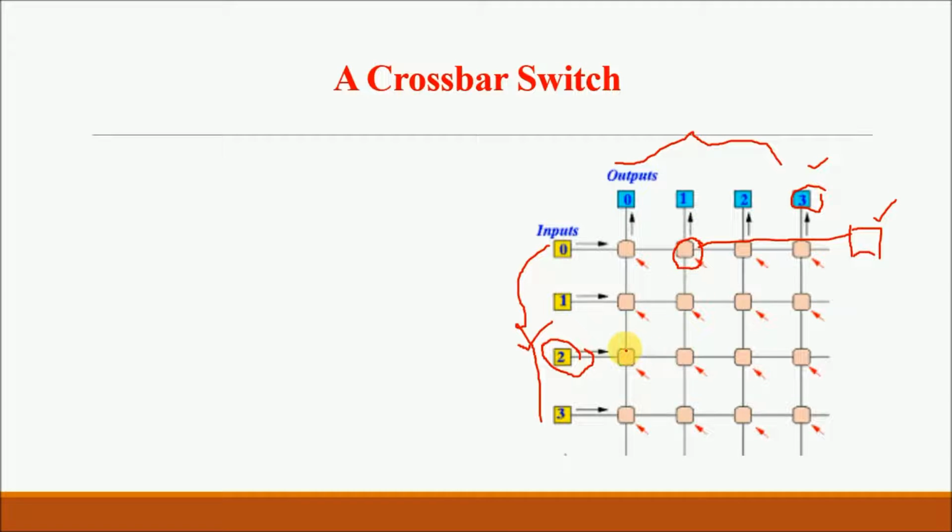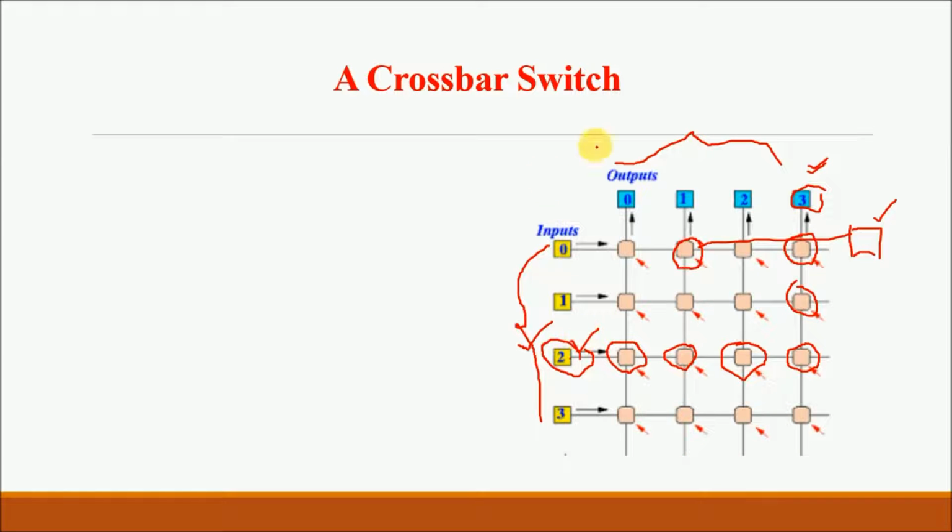Then at first you have to turn on this cross point, and this cross point, and this cross point. So all these cross points you have to connect, and ultimately you can send the data from these stations to those stations.